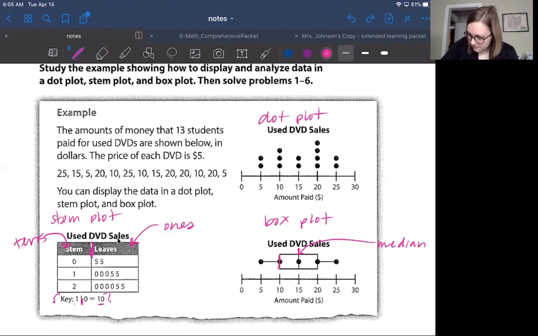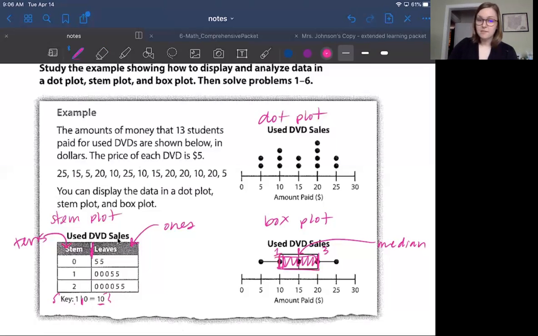What is right here, we call those the quartiles. So this would be quartile 1, and this is quartile 3, which is tricky because technically quartile 2 is the median. Half of your data, 50%, is inside of this box.